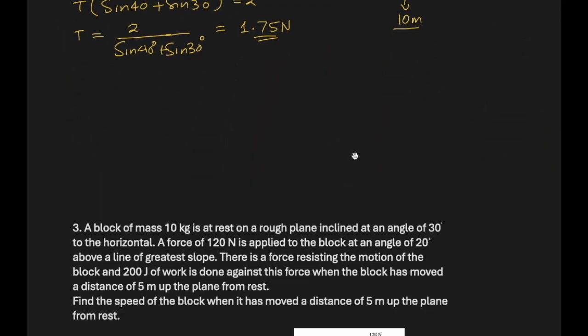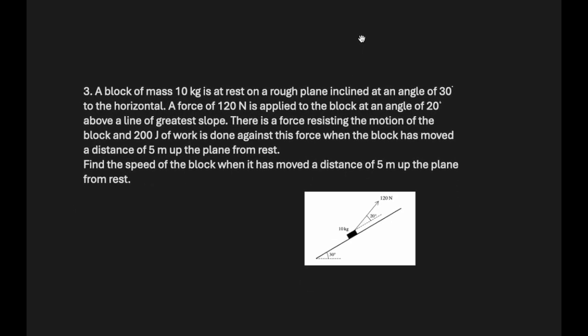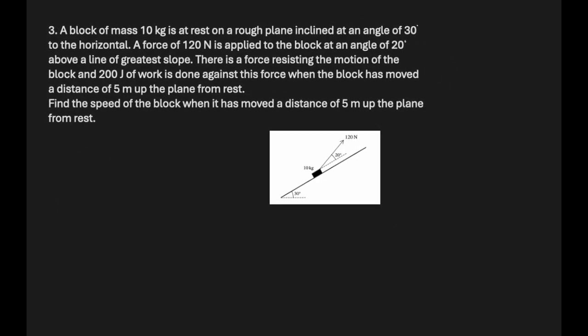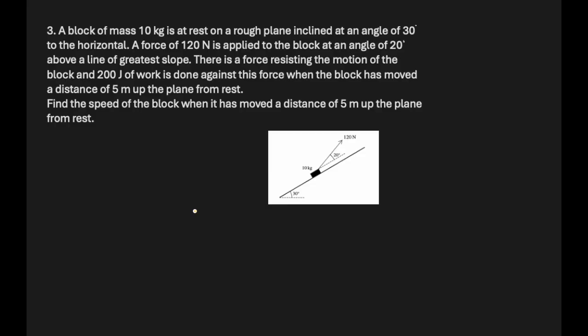Okay, number 3. A block of mass 10 kg is at rest on a rough plane inclined at 30 degrees. A force of 120 newtons is applied to the block at an angle of 20 degrees to the horizontal. So it is not going in the direction of motion, it is upwards 20 degrees.